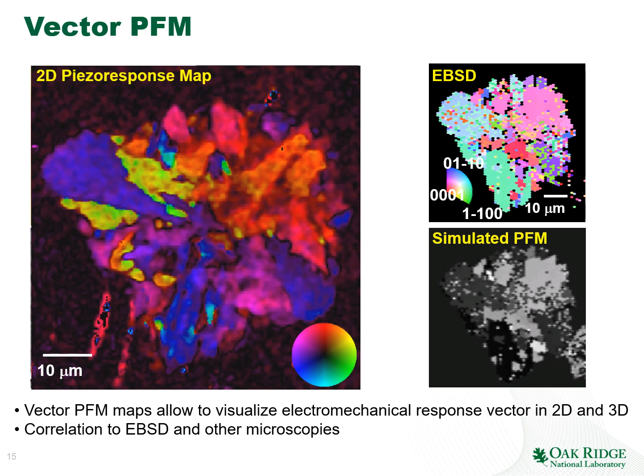So basically, we can take these two information sources and find out what crystalline orientation gives us which value of the electromechanical response. And from that, we can, in principle, extract the values of the piezoelectric tensor for this material. So this is a very interesting study, and I will show you more examples of this type of exploration in the future.